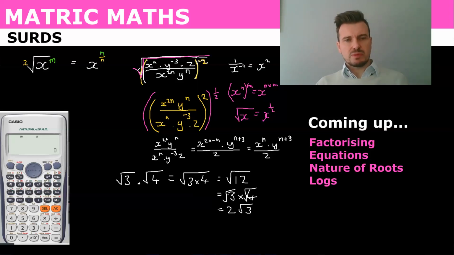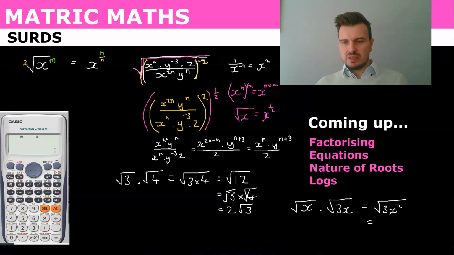Surds, we know, can also be expressed as an exponent. And so if you have something like root x times root 3x, that is you multiply whatever's inside of the surd. So it becomes root 3x squared.